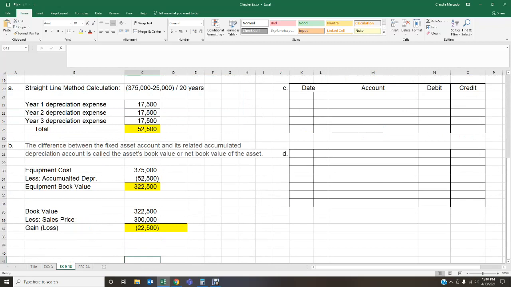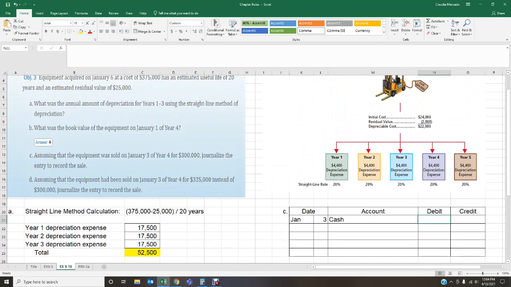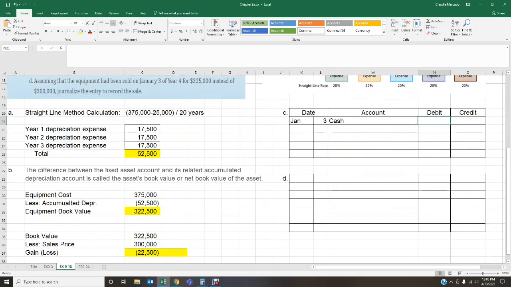So now let's journalize that entry. This is happening on January the 3rd. The first question is, how much cash did we receive? According to the problem, we sold it for $300,000, so we received $300,000 in cash. The next thing we have to do is clear out our accumulated depreciation account for the equipment.